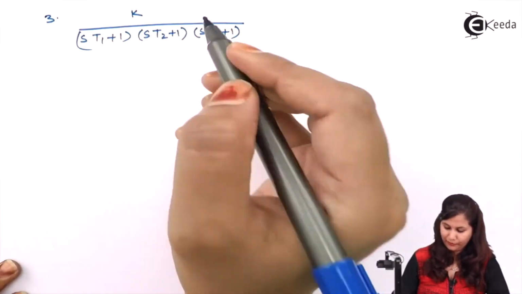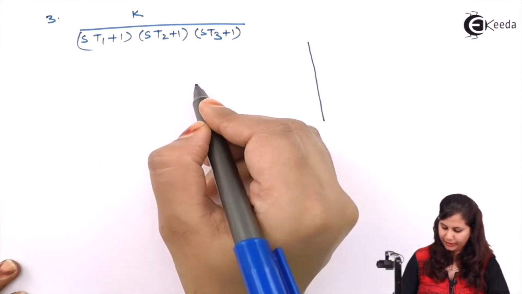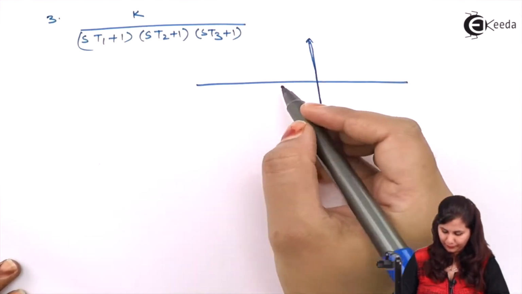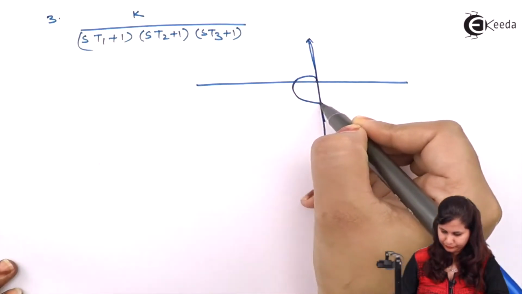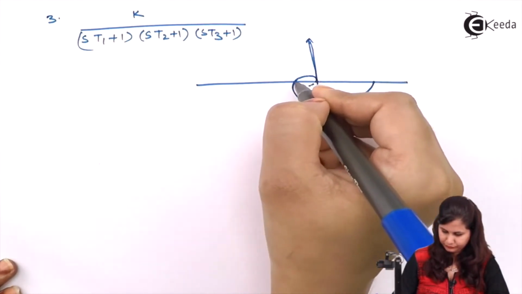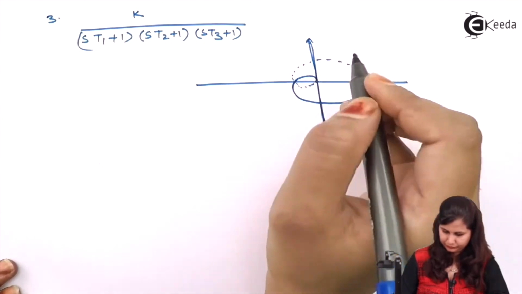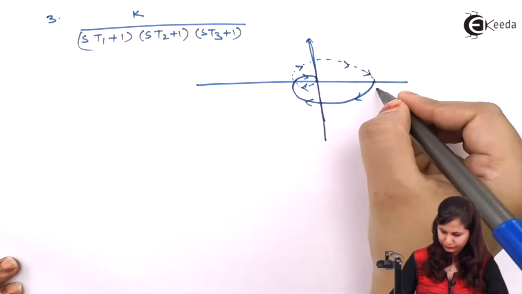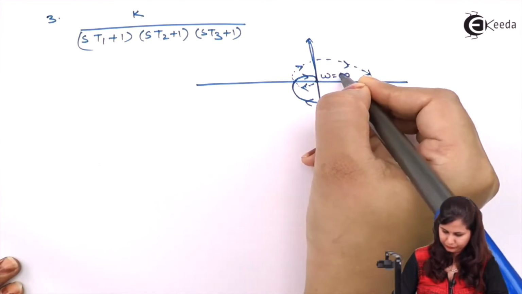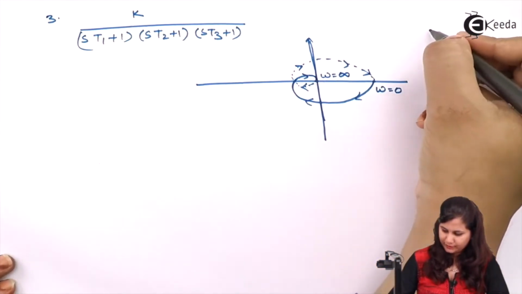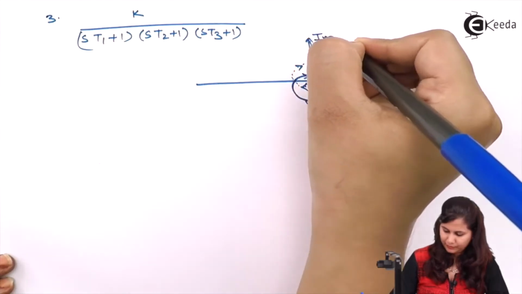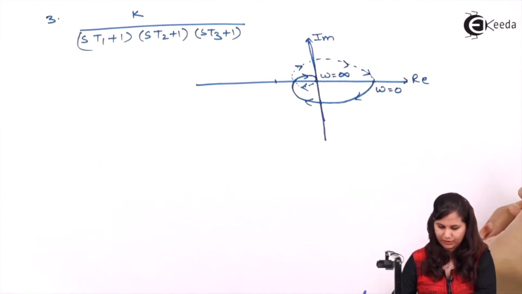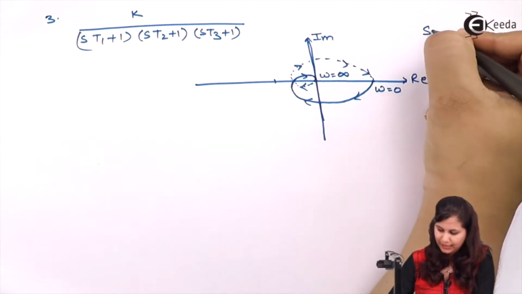Such a system will have the Nyquist plot like this: imaginary axis, real axis, this is the point -1 plus j0. So the system is unstable.